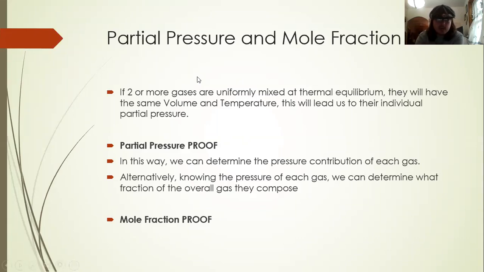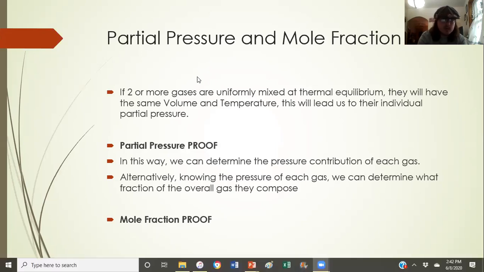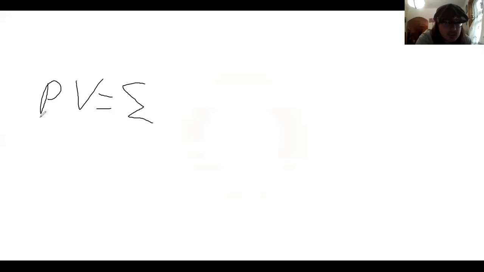From there we can actually get into what's called the mole fraction of a gas. As we define the pressure, PV equals nRT, if we have more than one gas, we can look at this as the sum of each individual gas times their gas constant and temperature.